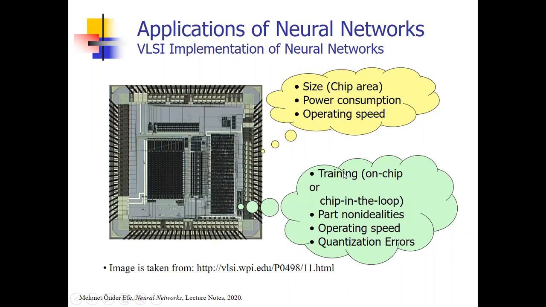Okay, so training is a difficult part of this business. Training on chip or chip in the loop are the strategies. The part non-idealities are difficulties. Operating speed is an important parameter, and quantization errors for digital neural networks are important parameters. Okay, so I will stop here.